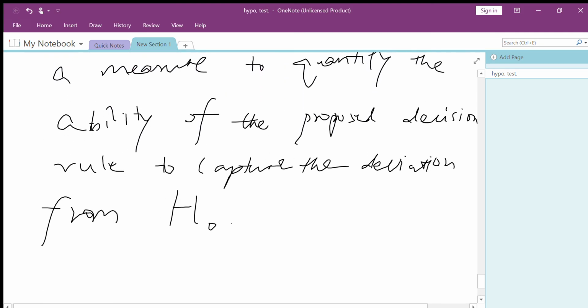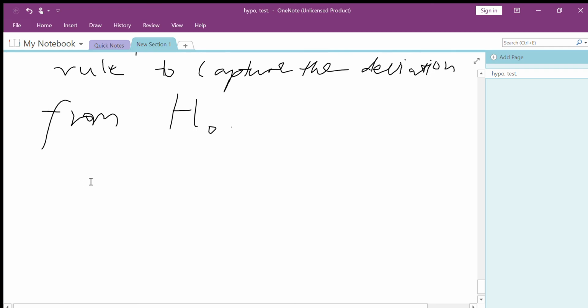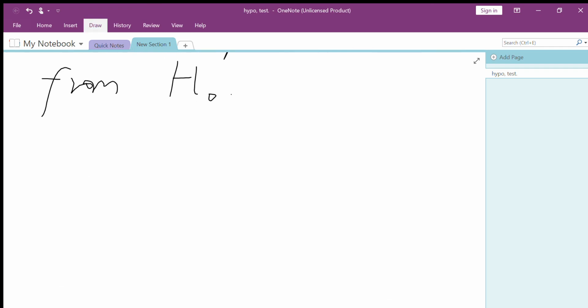So this sentence is not that useful. The next sentence is quite useful.